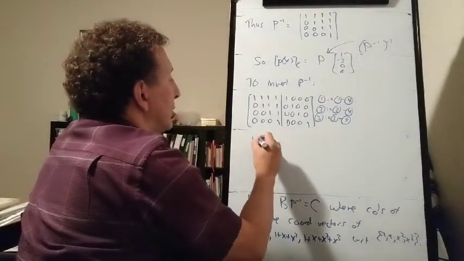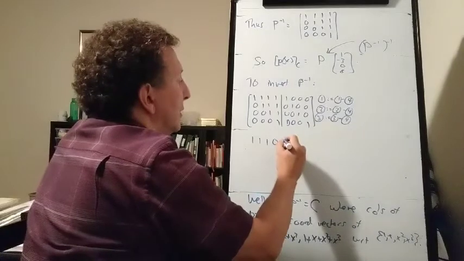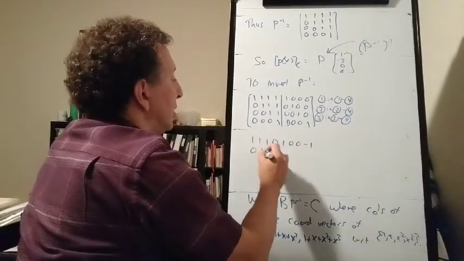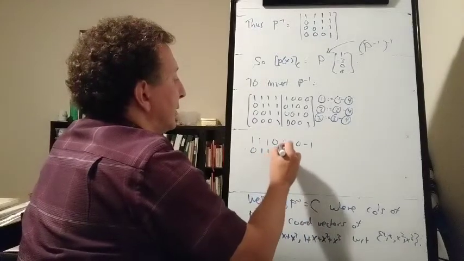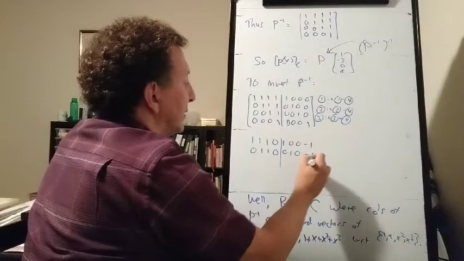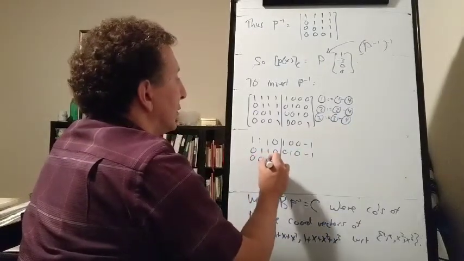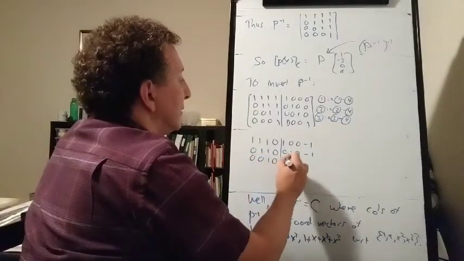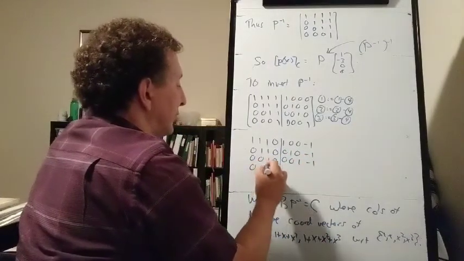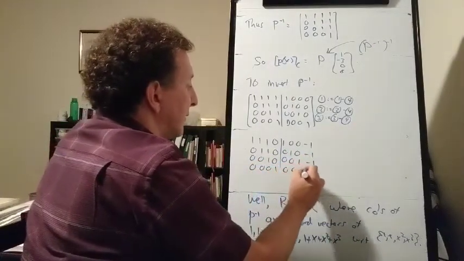And we get 1, 1, 1, 0, 1, 0, 0, negative 1, 0, 1, 1, 0, 0, 1, 0, negative 1, 0, 0, 1, 0, 0, 0, 1, negative 1, and then the last row just gets copied.